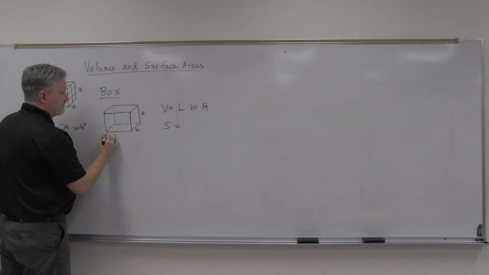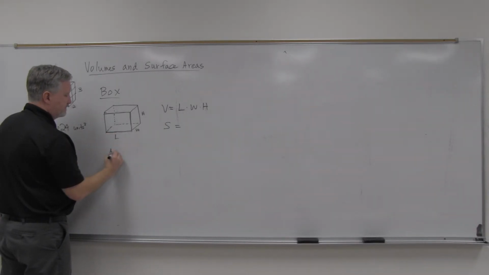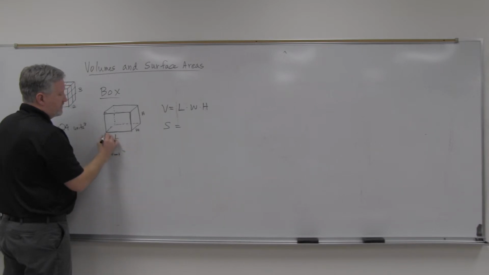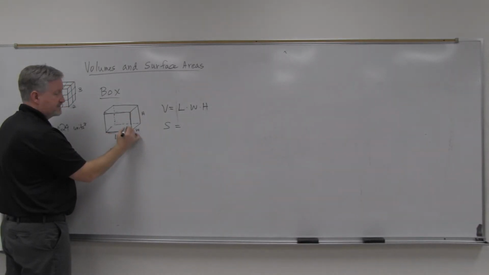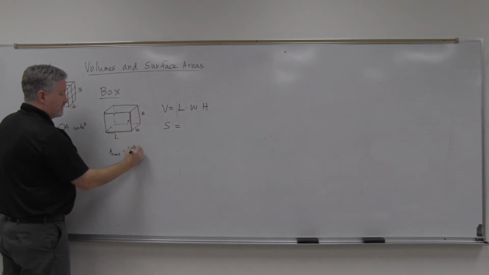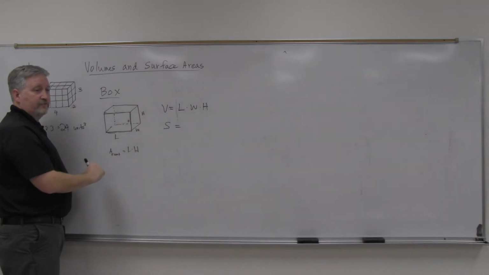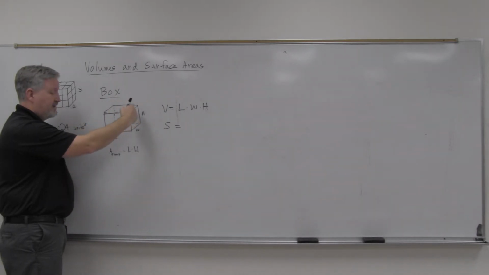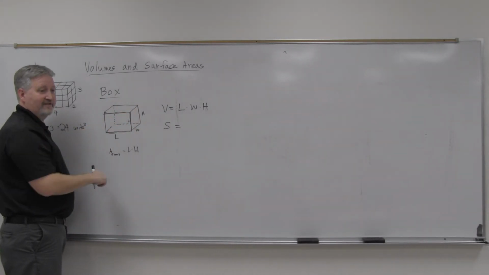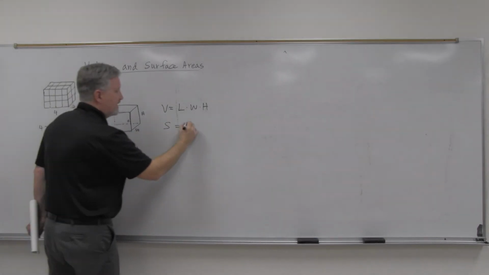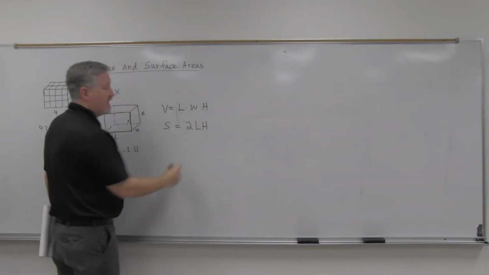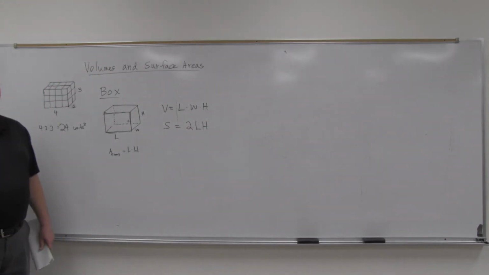So the area of the front would be the length times the height, because that height is the same as that height. Well, what about the area of the back? It's also the length times the height. So I've got 2 LHs for those areas, right?